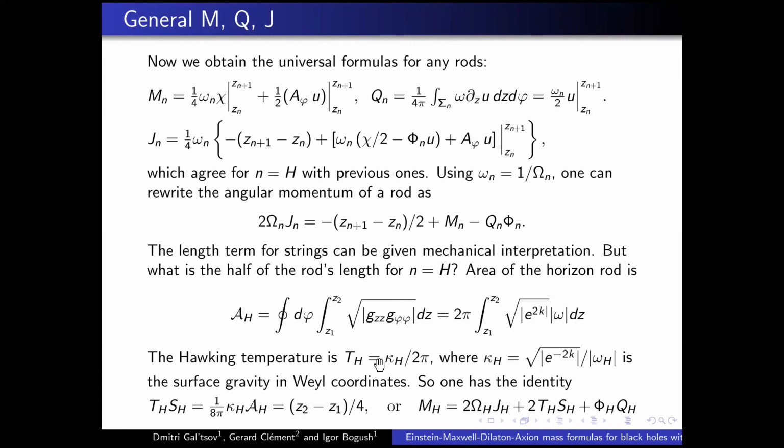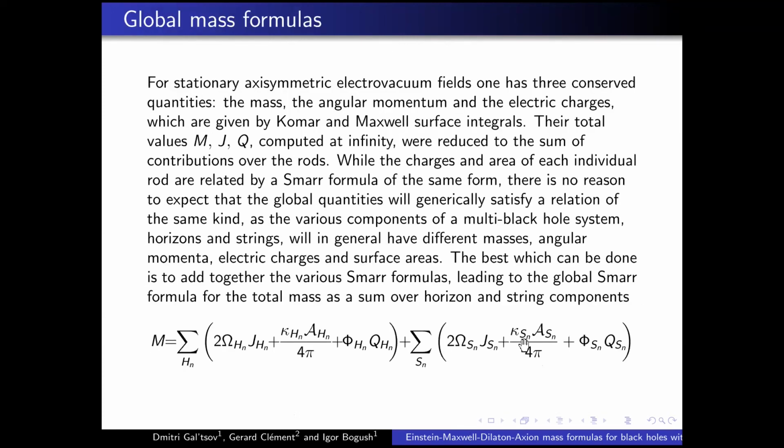But actually, for the Misner string, this is the total mass, which is a contribution of holes and a contribution of strings. And here there are in particular Misner strings, but you can introduce the notion of a space-like surface gravity, because the Misner string has a finite area because of the singularity. It is a finite quantity of absolutely the same nature as surface gravity, because it is a Killing horizon of a vector, but the vector outside the Killing horizon is space-like.